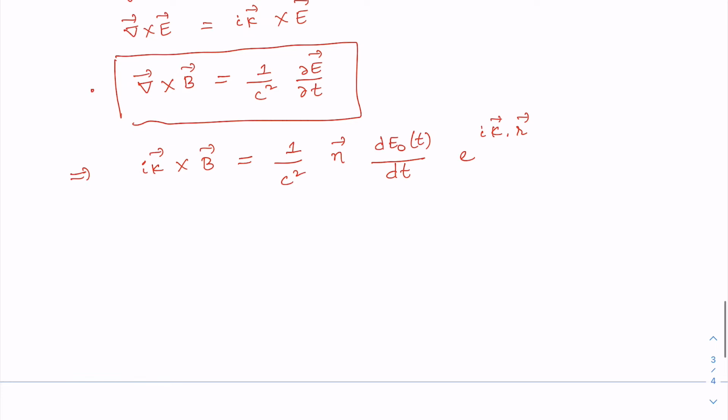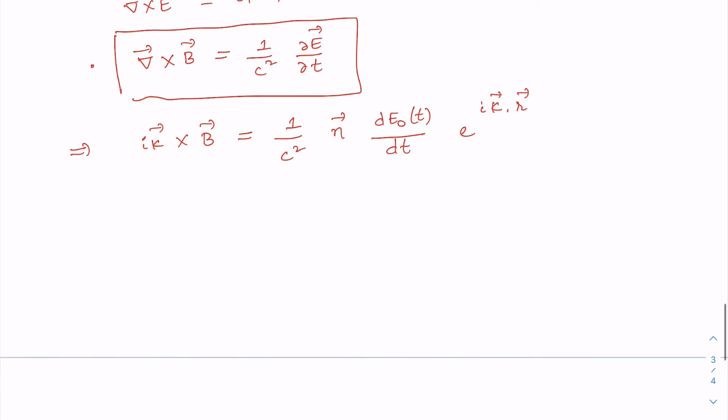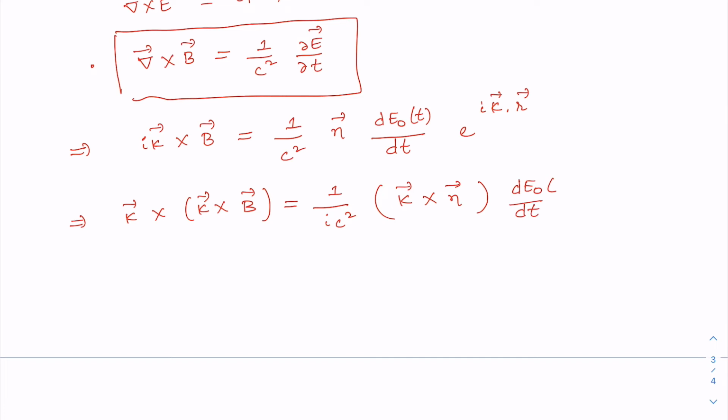Later, when we find the expression for the magnetic field, I will write down the complex conjugate part, because B also has to be a real, measurable quantity. Now let me take the cross product on both sides by k cross B. Let me take i to the other side. Then I have 1 by i c square, here I have k cross eta cap, and I have dE0 dt e to the power i k dot r.